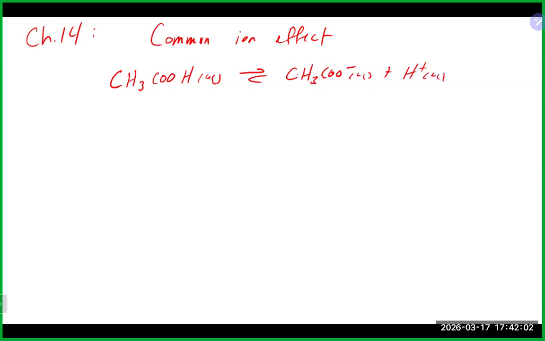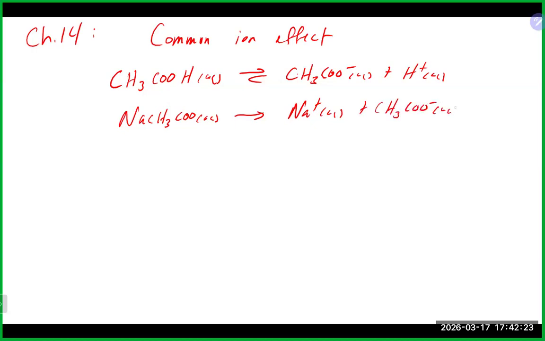And if you added a salt like sodium acetate to that beaker, because sodium acetate is a salt, it will not set up an equilibrium. It will break apart completely into its ions, which are sodium ions and acetate ions.